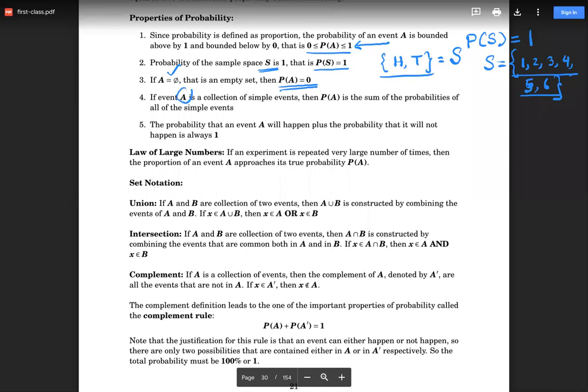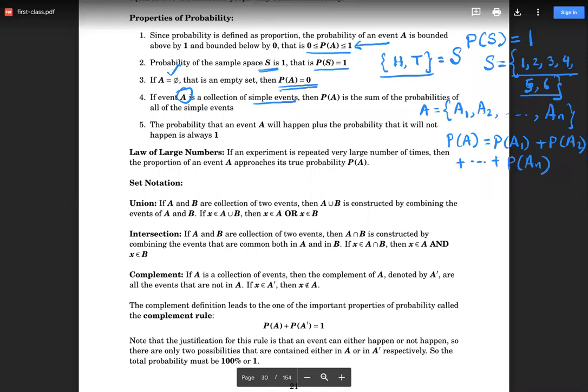If A is a collection of simple events, meaning events that can happen in only one way, let's call them A1, A2, dot, dot, dot, AN, there are n of them, then the probability of A is the probability of A1 plus the probability of A2 plus dot, dot, dot, plus the probability of AN.